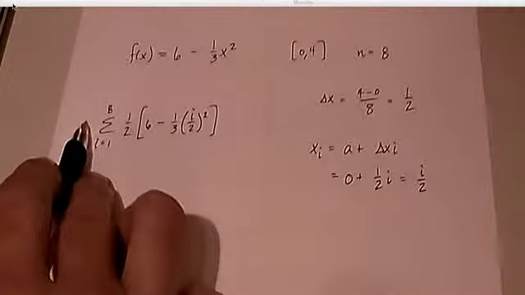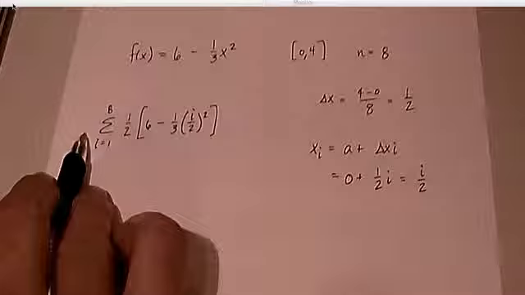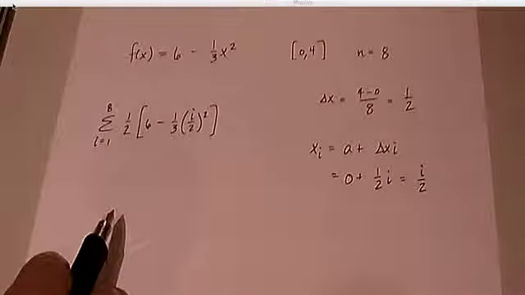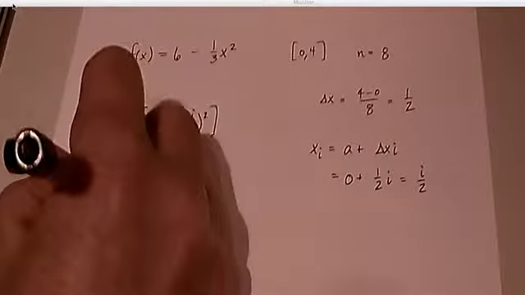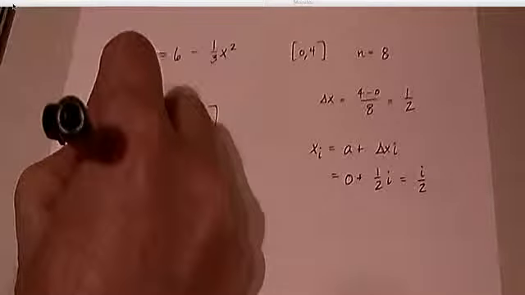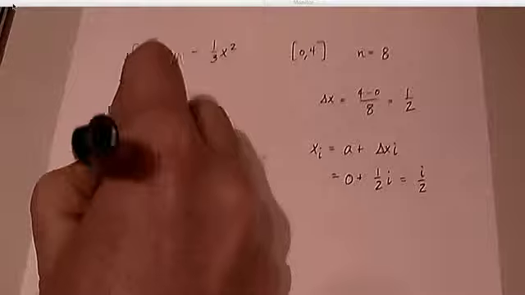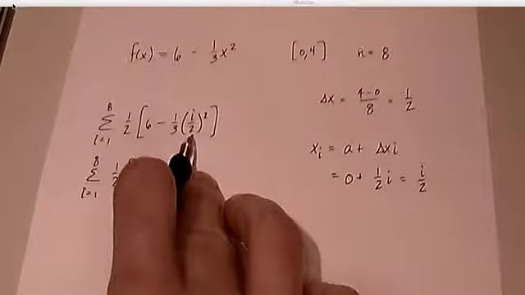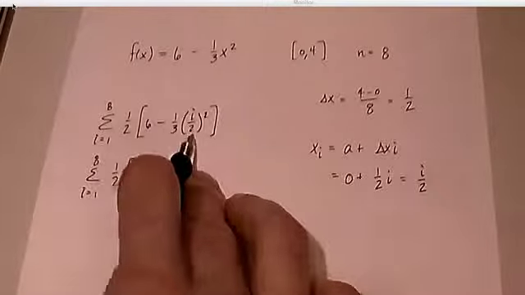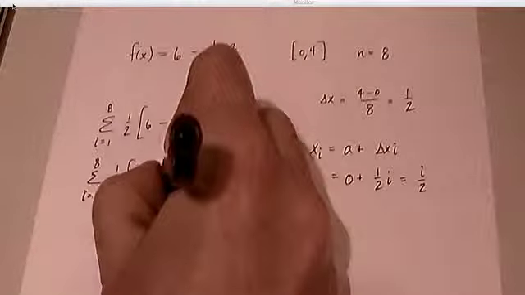If you pull the 1/2 out in front, you're just factoring the 1/2 out, and then you would multiply it back across at a later time. Doesn't really matter, okay? Let's simplify this just a little bit. Let's do 1/2 times 6 minus, well, if you square i over 2, that's i squared over 4. So that winds up being 1/12 i squared.